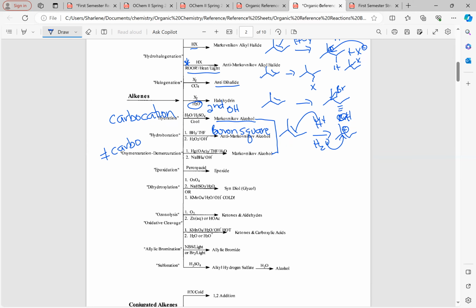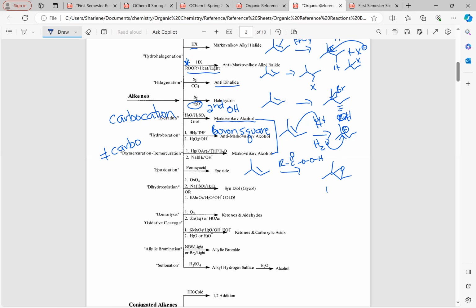All right, epoxidation. We talked about this one in the oxidation chapter. Epoxidation occurs with a peroxy acid, RCOOOH, and you make the epoxide and you get both.